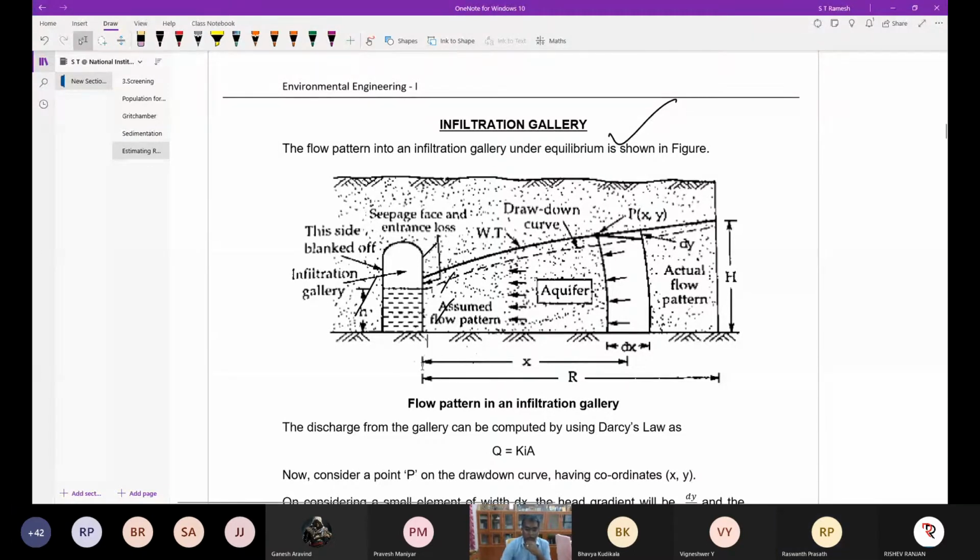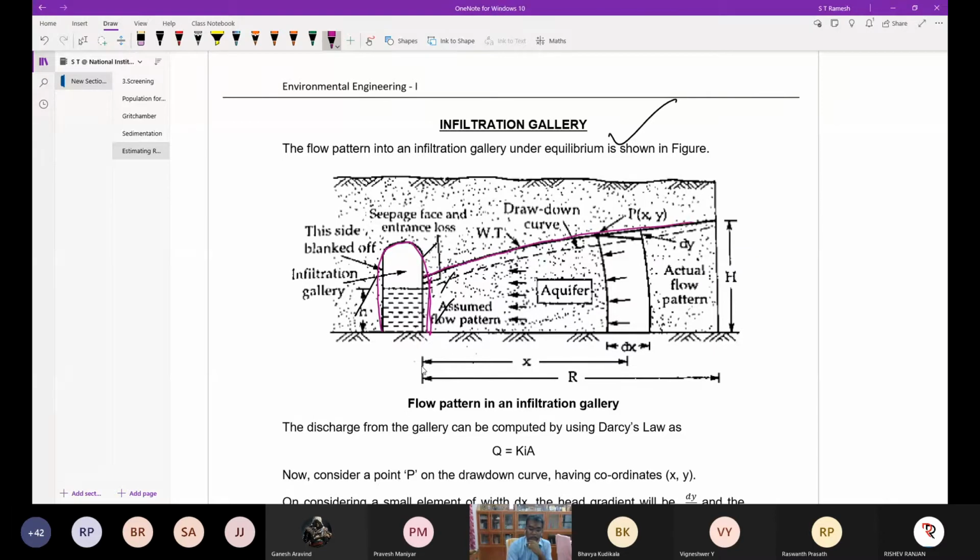So this is the actual profile or flow pattern in an infiltration gallery. You can look into all the derivations, which are very small and very easy to understand. So this is your infiltration gallery, and this could be your water table.